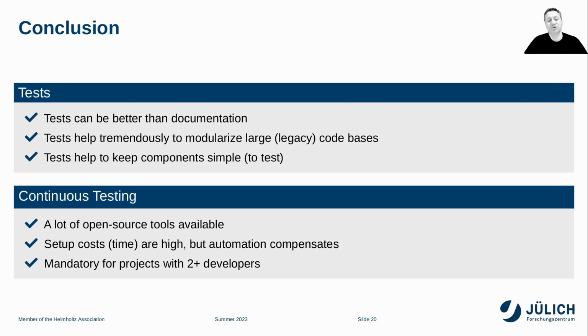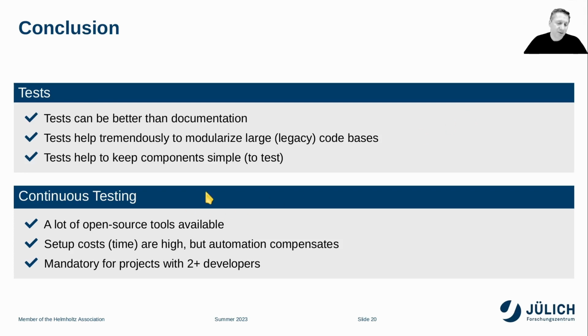Tests can also help tremendously to modularize your large code bases. So if you have legacy code and you think about writing tests, that's a good step, because you will split it into more sub-projects and sub-parts, and this will be easier to maintain. And tests also keep the components really simple, because if you have to think about a test, then you want to make things simple. So the component itself needs to be simple.